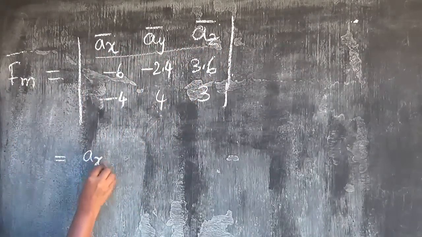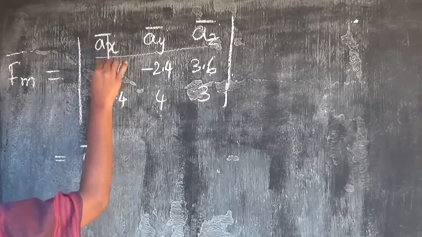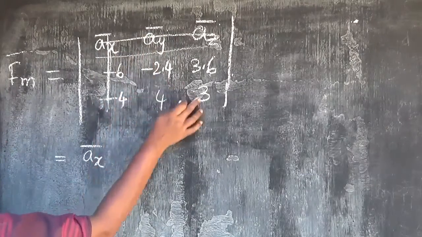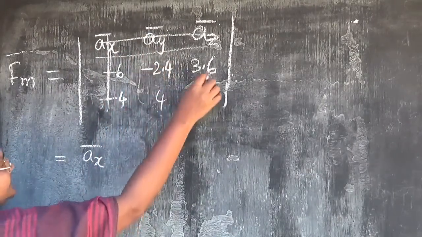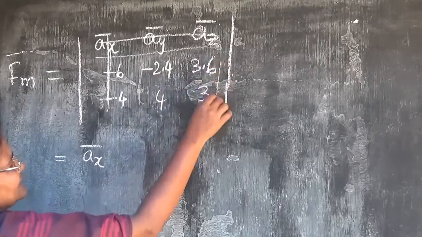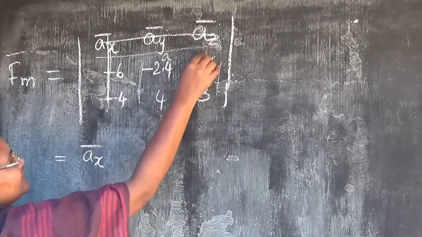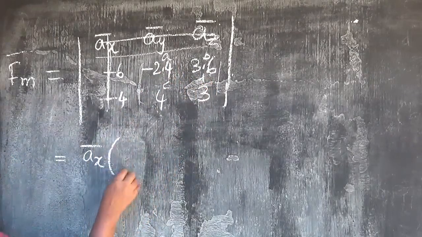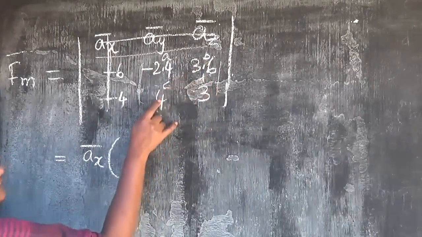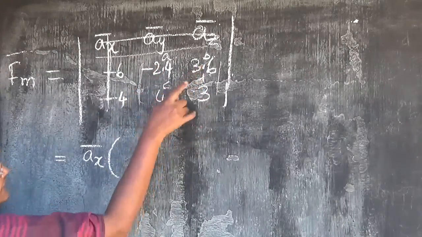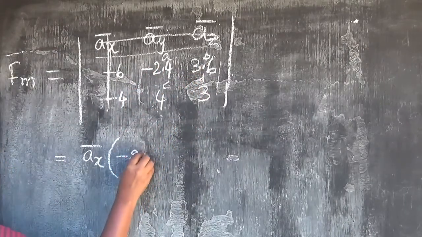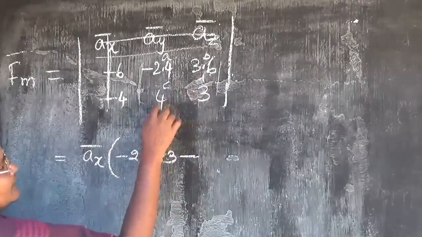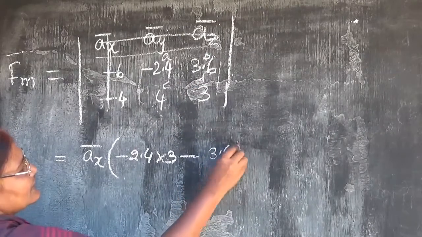Here the first component, delete the first row and first column and take this determinant. Here this is A, this is B, this is C, this is D. So which formula do we have to write? AD minus BC. So minus 2.4 into 3 minus BC, 3.6 into 4.